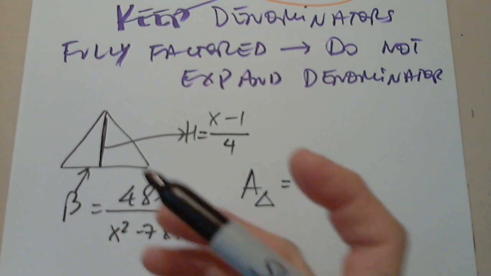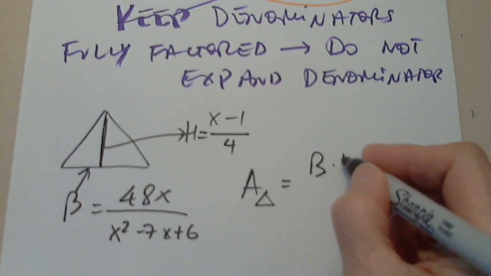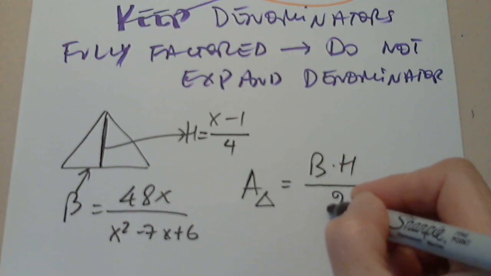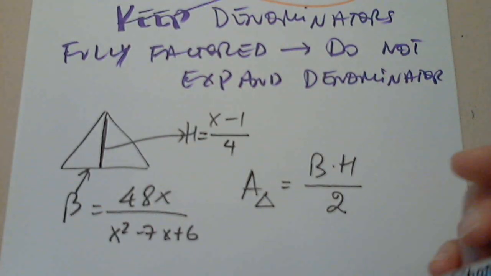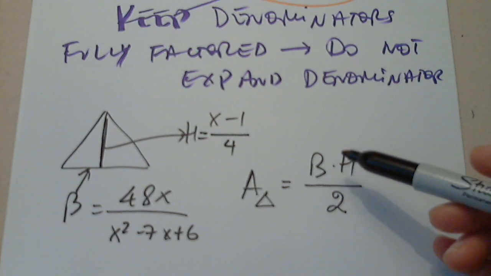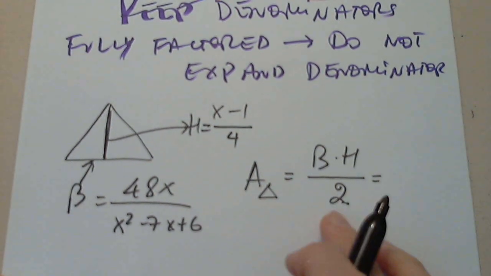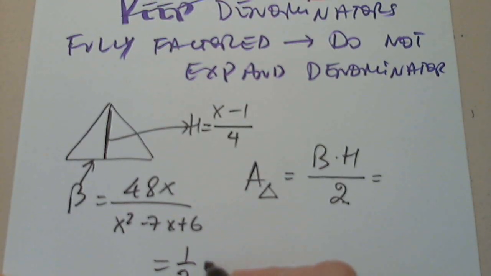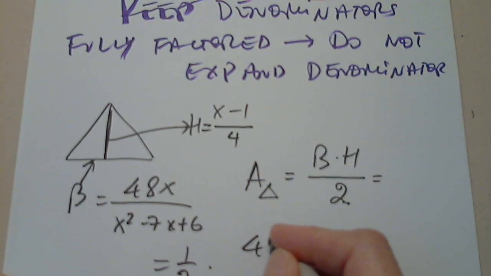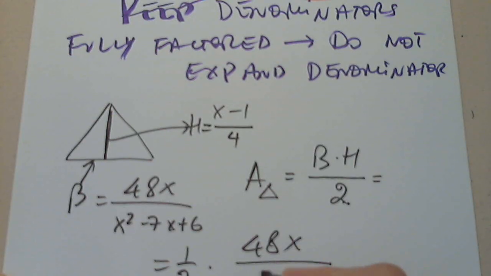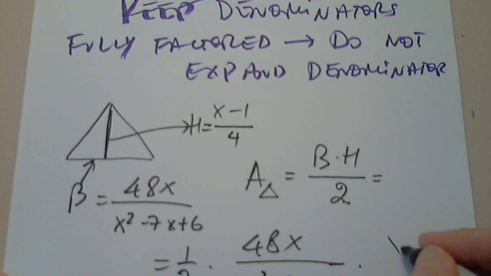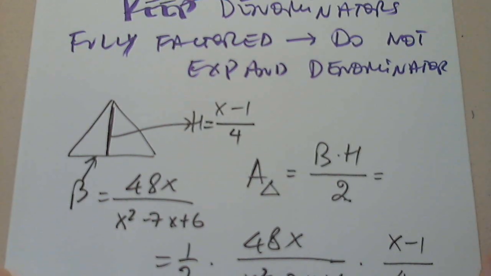So the area of the triangle is the same, base times height, but it's divided by 2. It's the same as length times width, if you want, from the rectangle, but it's divided by 2. And remember, we can also write this as 1/2 times the base, which is 48x over x squared minus 7x plus 6, times the height, which is x minus 1 over 4.